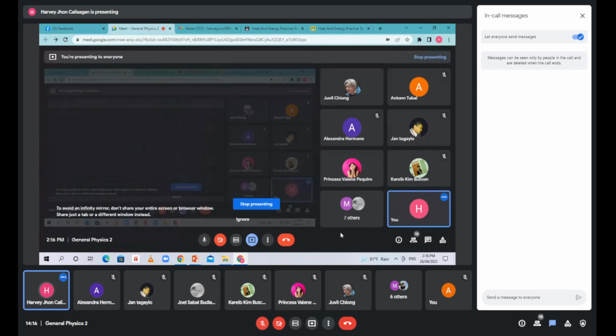Pass that tomorrow, before 12 o'clock in the afternoon. You can send it in the room, and attach your answers, pictures or values. Okay? So that's it for this afternoon.